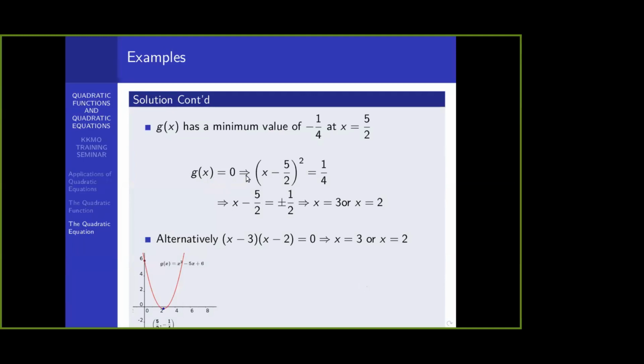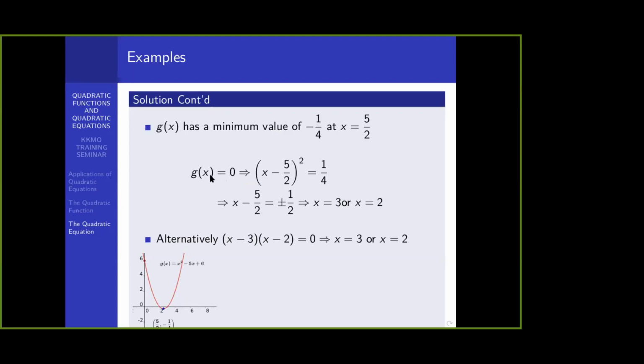Now, if we equate it to 0, since now we know it's going upwards and there's a negative minimum value, as it goes up, it must cut the x-axis. It means we can find the roots. You can also check that it has roots by looking at the discriminant.